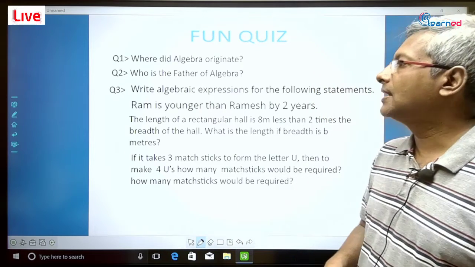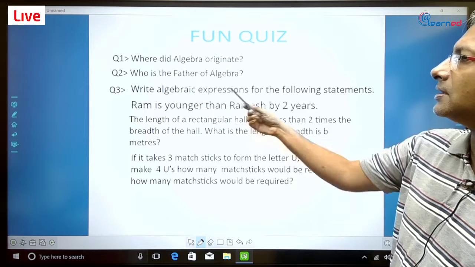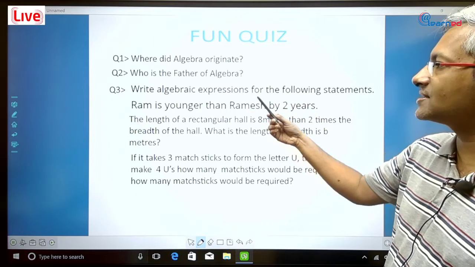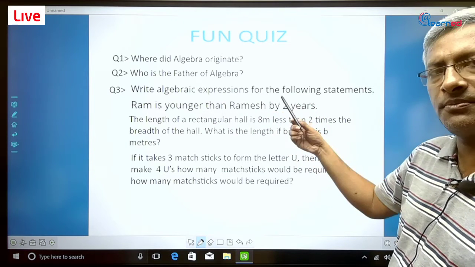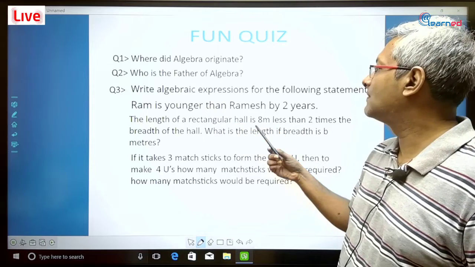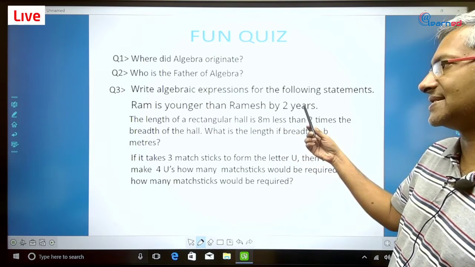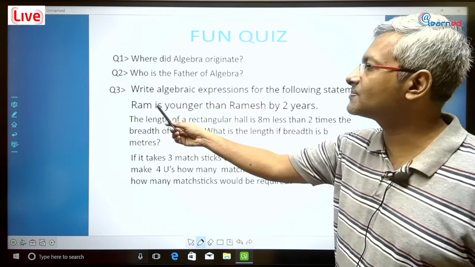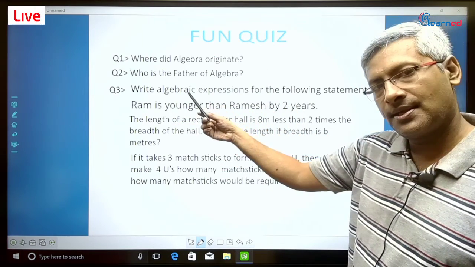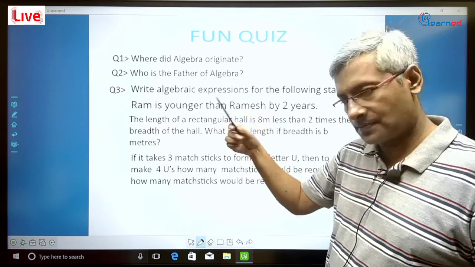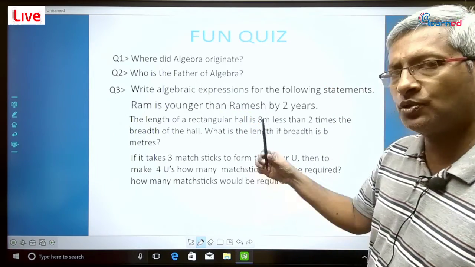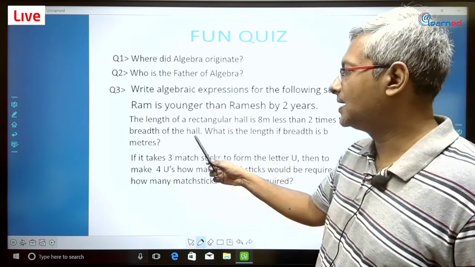Okay. And some simple algebraic expressions that you have to write from the given statements. For example, Ram is younger than Ramesh by 2 years. What would be the expression for this? Can you guess that? Think it over. We'll go over the answers a little later.